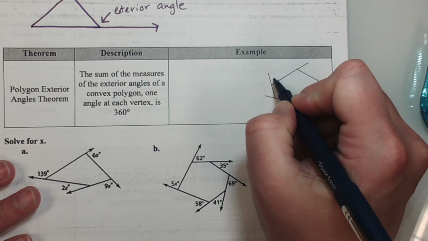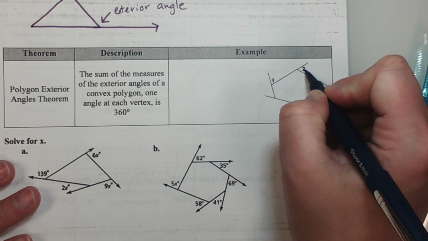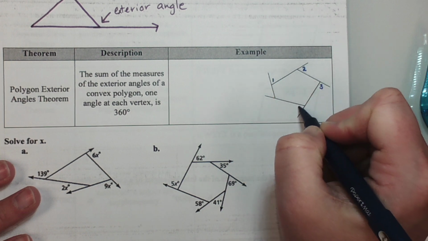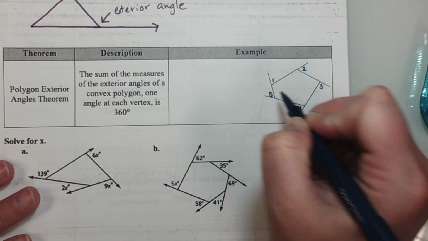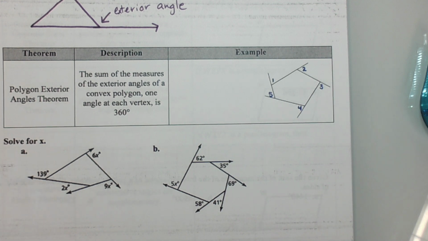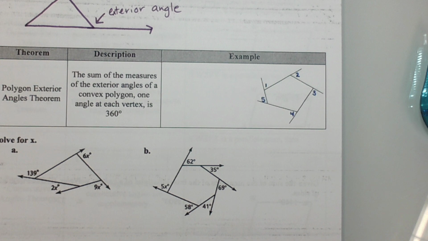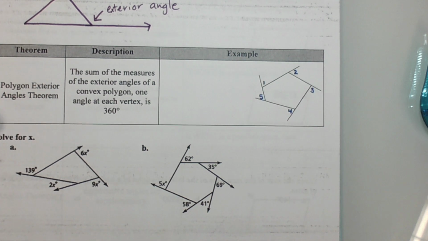So let's say this is angle 1, this is angle 2, this is angle 3, this is angle 4, this is angle 5, because this happens to be a 5-sided polygon. What's the name of a 5-sided polygon, by the way? It's a pentagon. The sum of each of those angles is 360.